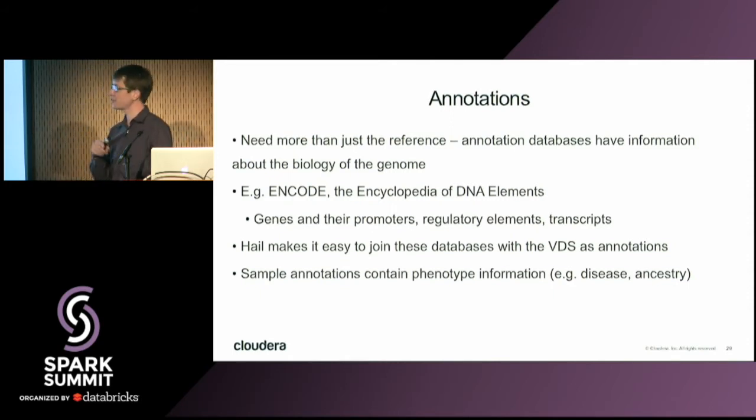So Hale makes it very easy to join those databases with a VDS so that you can do analysis. You can also have annotations on samples, which you would do to say, this sample has this disease and this sample doesn't. So it allows you to have your control and case annotations in there as well.